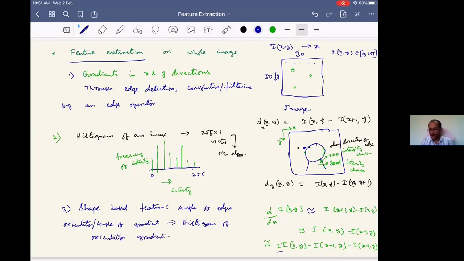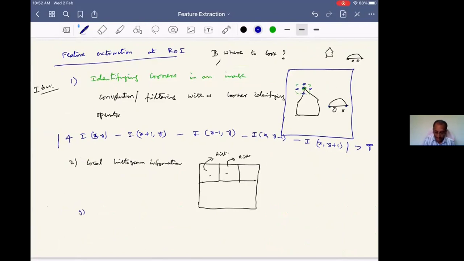So what we do is, as I mentioned, this is applicable both to the whole image as well as to local regions, again at the regions of interest. This is referred to as the histogram of orientation gradients.